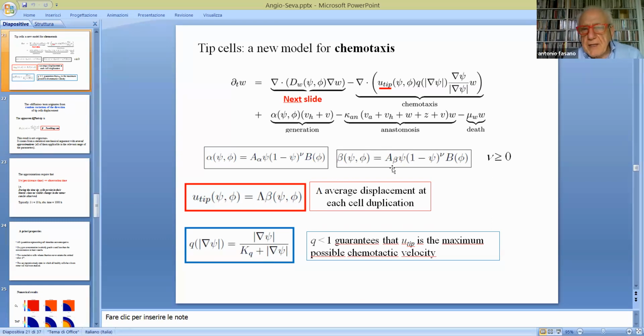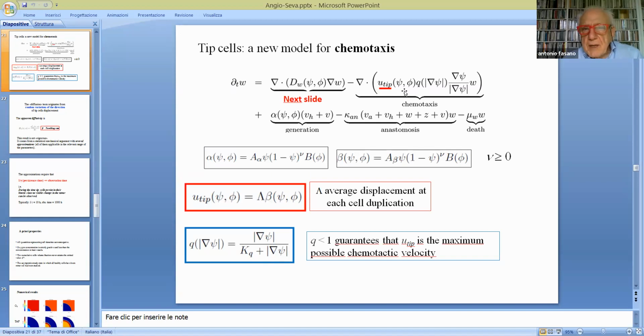And the proliferation rate is, you see, depending on the concentration of the occupied sensors, again multiplied by the limiting factor due to crowding. The generation of W itself is also of the same kind. So again, we have this B.